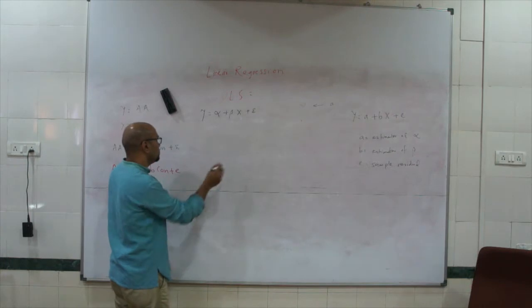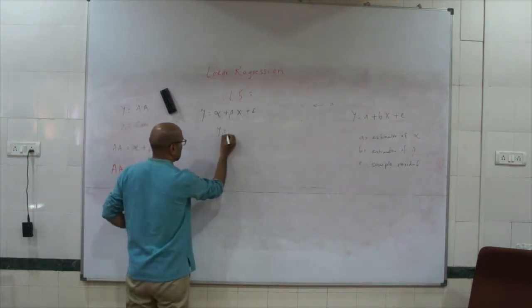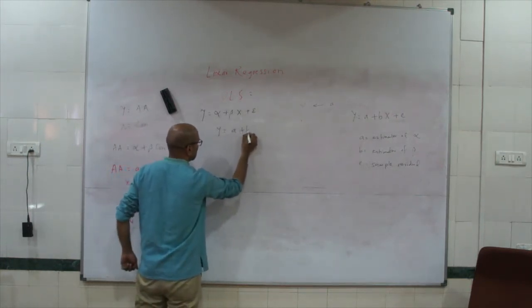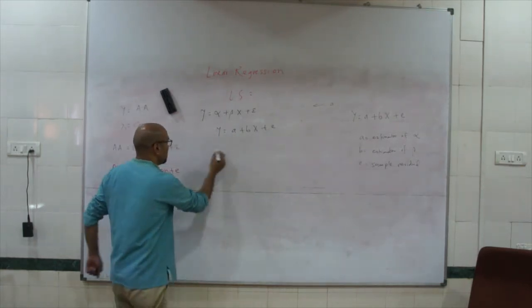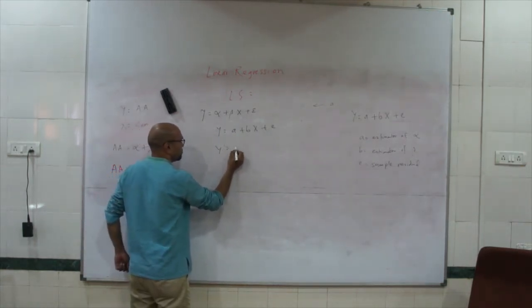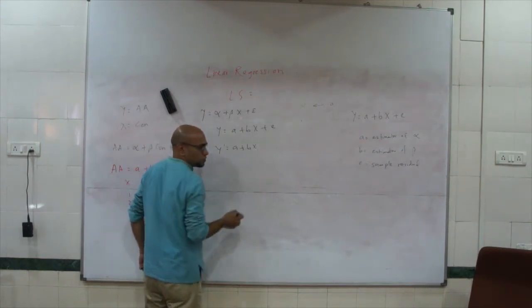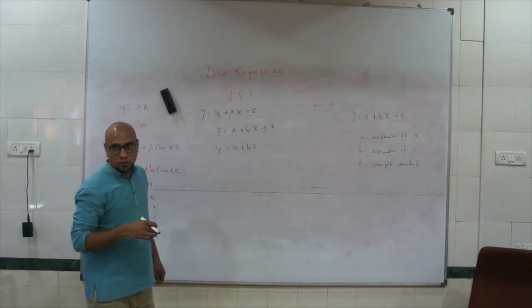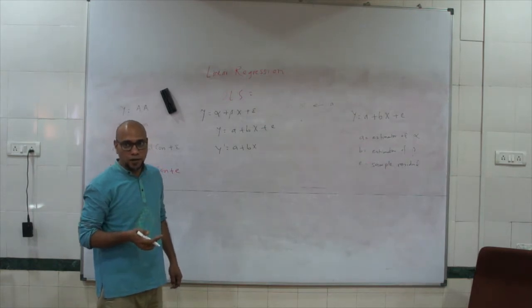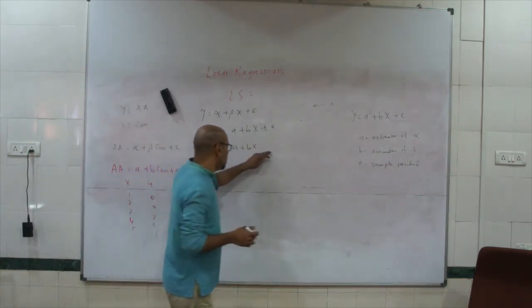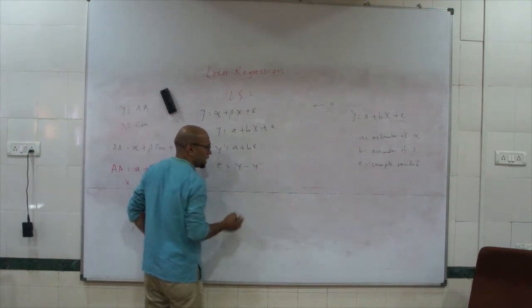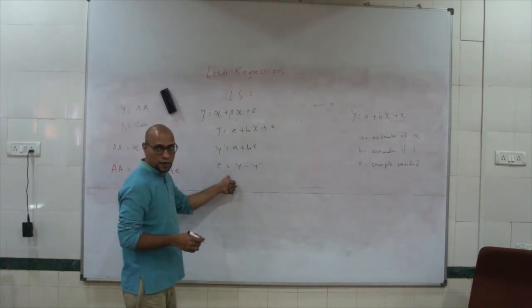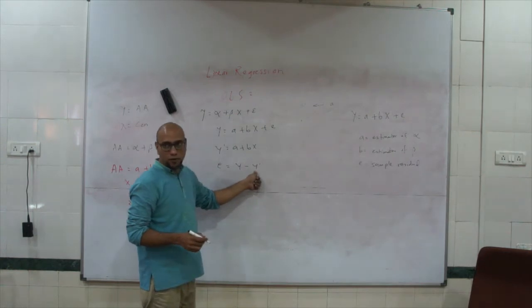We write the model as y is equal to a plus bx plus e, which means that the predicted value of y is equal to a plus bx. Now the error is y minus y prime, that is the actual value of y minus the predicted value of y.